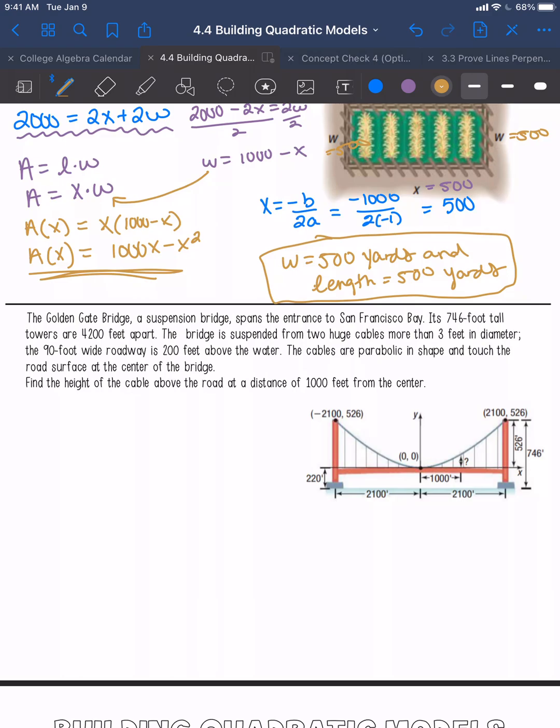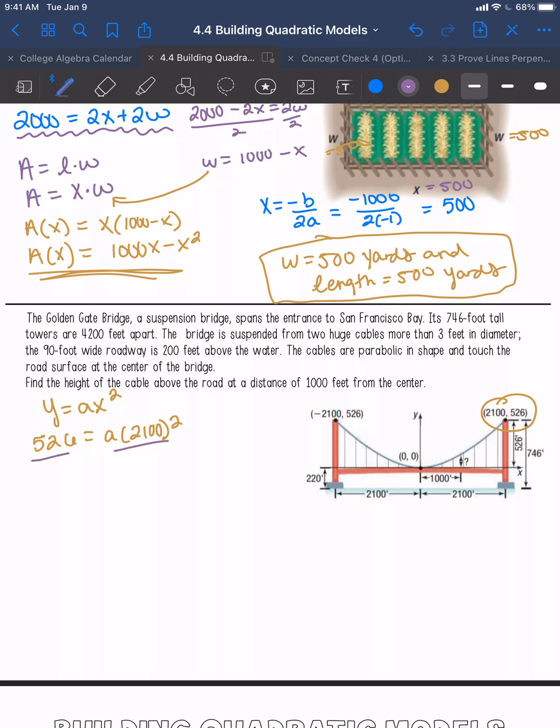We know it's parabolic in shape, so we're going to use y equals ax squared. That's our basic parabola there. Well, we know some y and x values. There's multiple ones on here. I'm going to choose to use the positive ones. So we're going to plug those in and get 526 equals a times 2100 quantity squared.